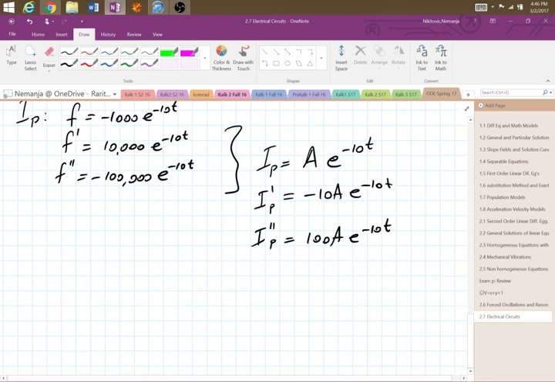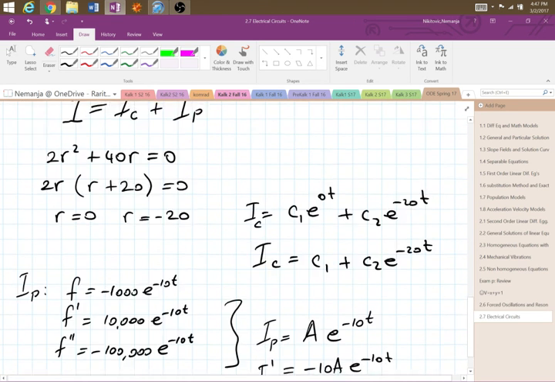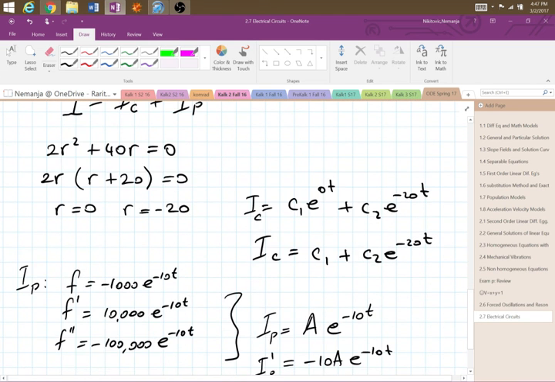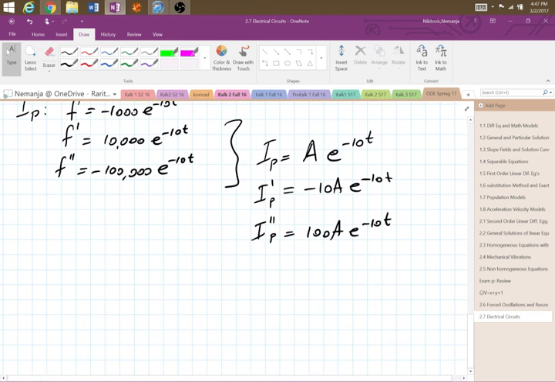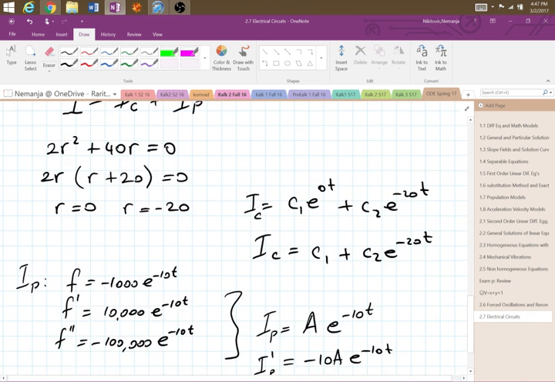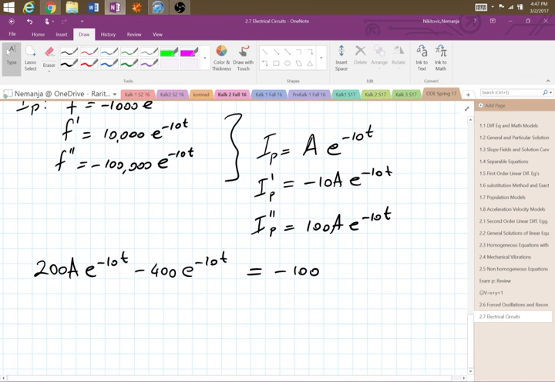Now we plug this into our equation, which was 2 I double prime plus 40 I prime. So 2 times 100, so 200a e to the negative 10t, plus 40 times negative 10a, so minus 400a e to the negative 10t, needs to be equal to the original right side, negative 1000 e to the negative 10t.